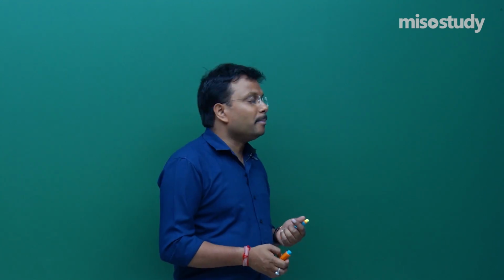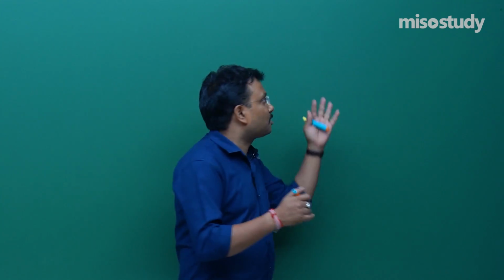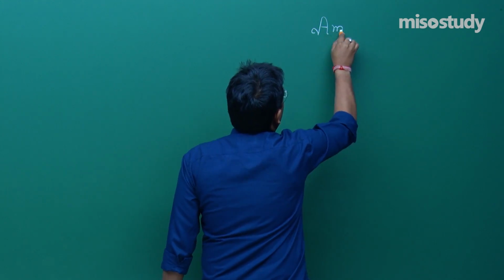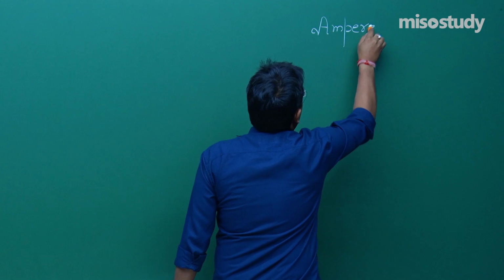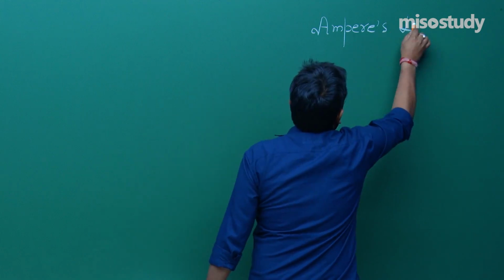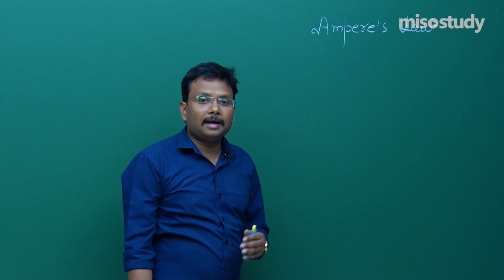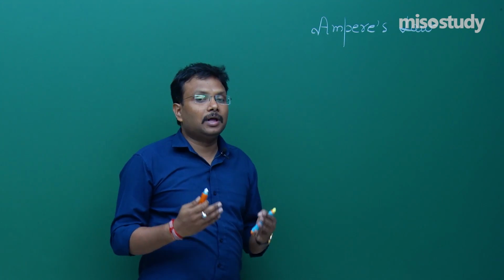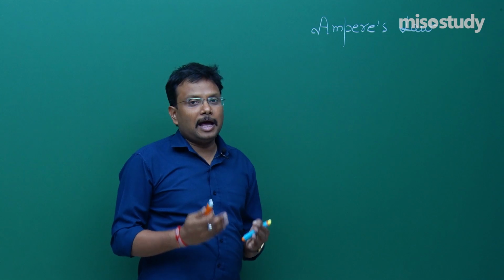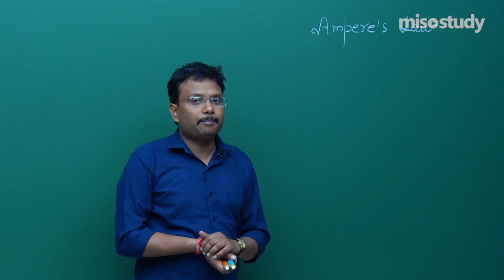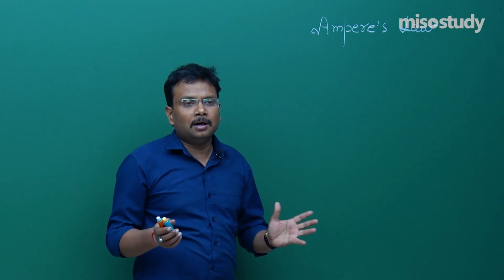Basically, we are in the middle of magnetism and moving charges, current flow, all these concepts. So, here the topic name is Ampere's law. Fine. One was Biot-Savart law that provided us with a tool with the help of which we can find out the magnetic field associated with any type of current flowing conductor.